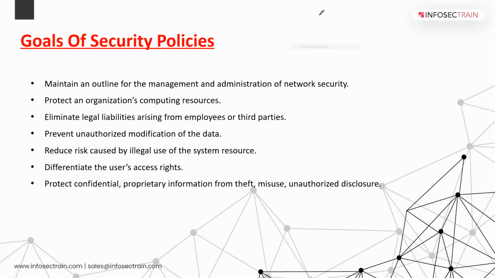So for that also we create certain rules, certain policies. If you want to use our particular network, it should be tunneled. A VPN has been provided. Along with that, we are using certain privileges and certain policies for it. Okay. Now, along with that, we prevent unauthorized modification of data.